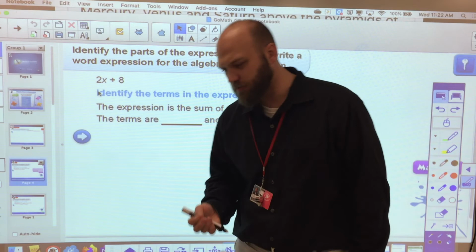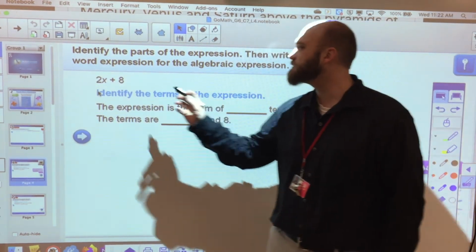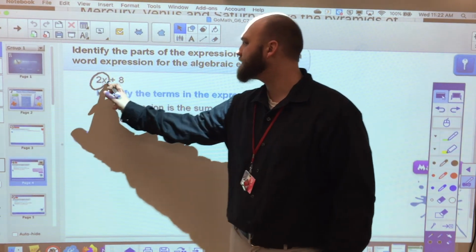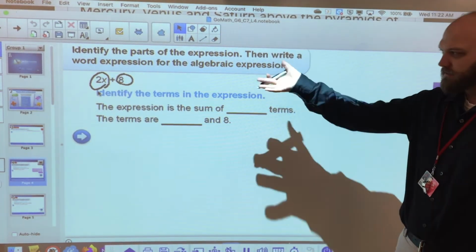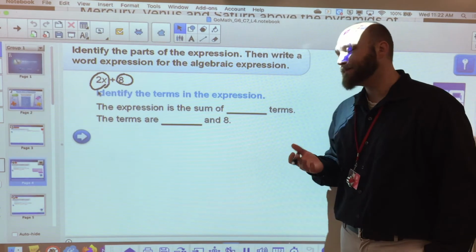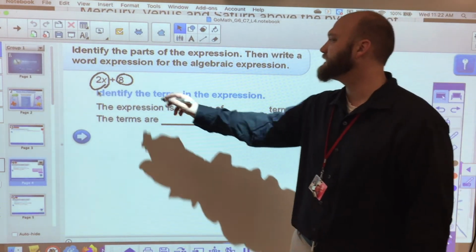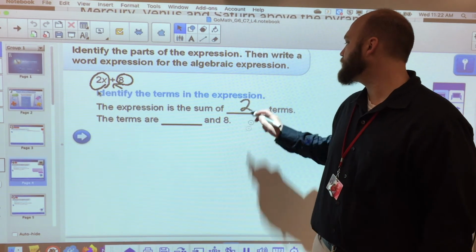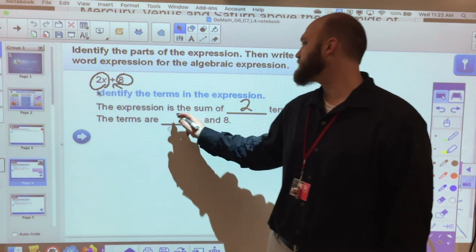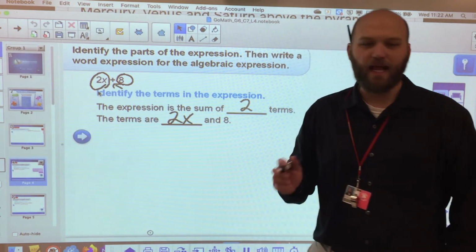I want to identify the two parts: I've got 2x and I've got 8, and they are separated by my addition here. So I might say the expression is the sum of two terms. The terms are 2x and 8.